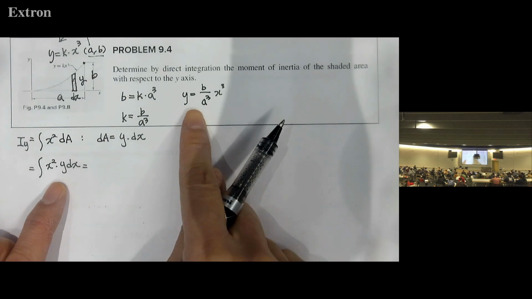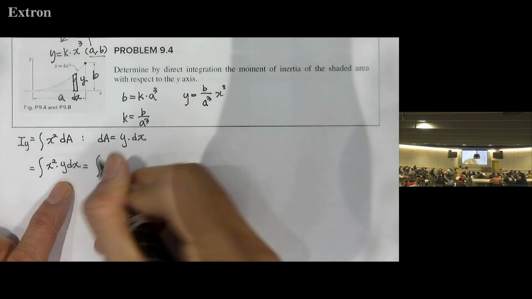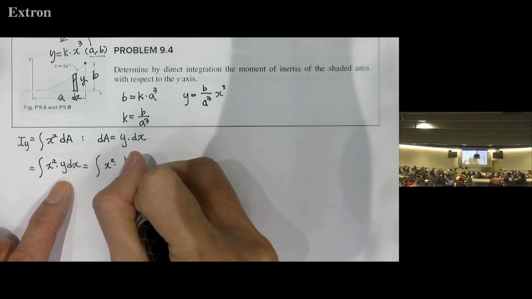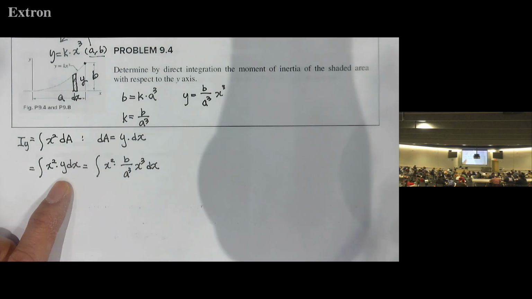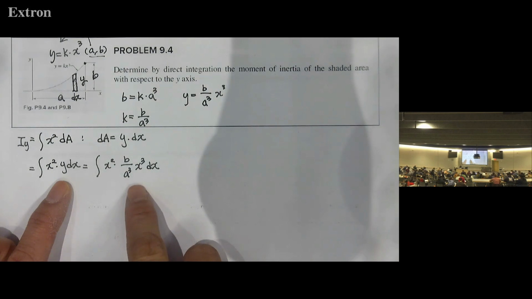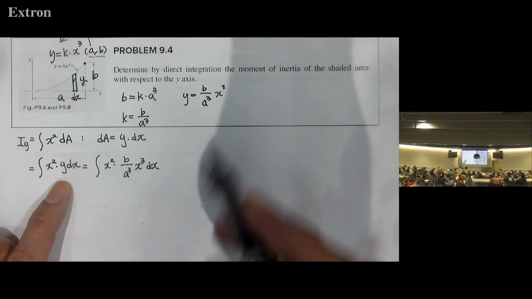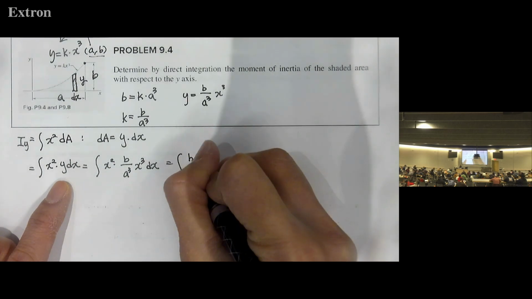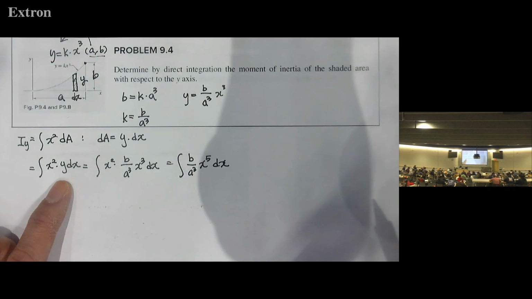And then we know what y is, right? b over a cubed times x cubed. So x squared and then b over a cubed x cubed dx. Right. Now a and b are constant, and then we have 2 x's, 3 x's, so x to the fifth, right? So b over a cubed x to the fifth dx. Now we can integrate, and then what is the integral interval?